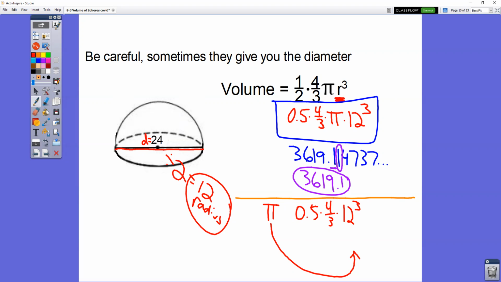So when we type in these 3 terms, 0.5 times 4/3 times 12 to the third power, we're going to get 1,152. And again, all that we do with that pi symbol is just stick it at the end. We don't include it in our calculation. This is not a rounded answer. This is what you actually get when you type it in. Remember, if it's a big long decimal, you have to write the big long decimal.